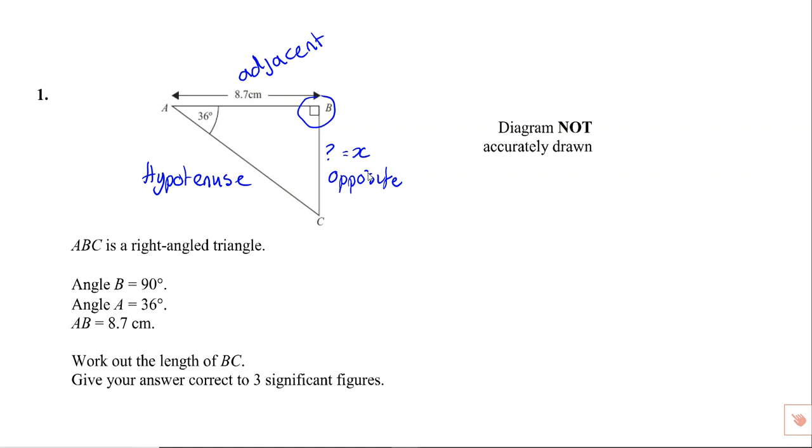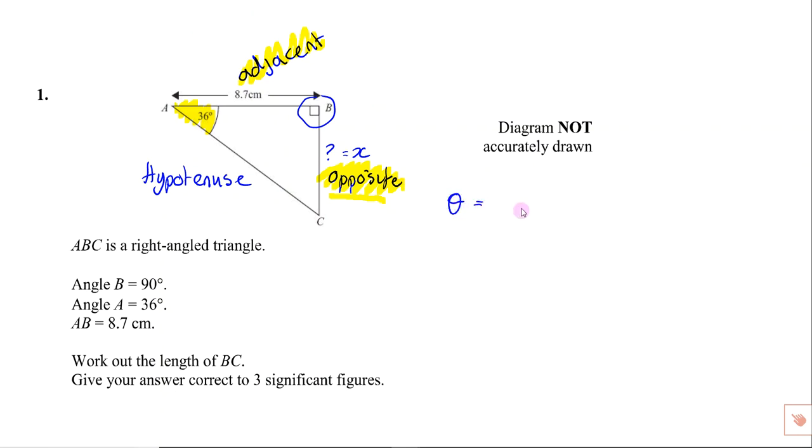Okay? So what we've got to try and remember now is the ratios, and pick the ratio that we need to use. I know that I want to find the opposite side, and the information that I know is the angle and the adjacent. What I tend to do, and you don't have to, is write a little list.